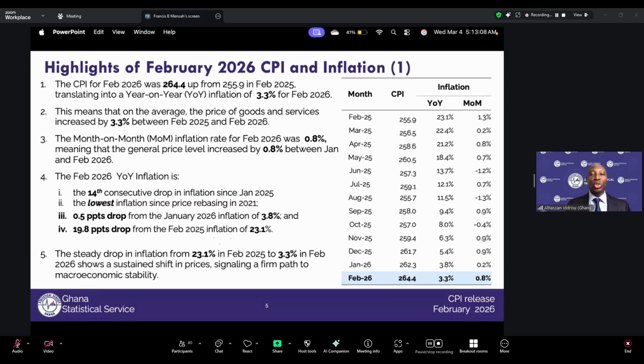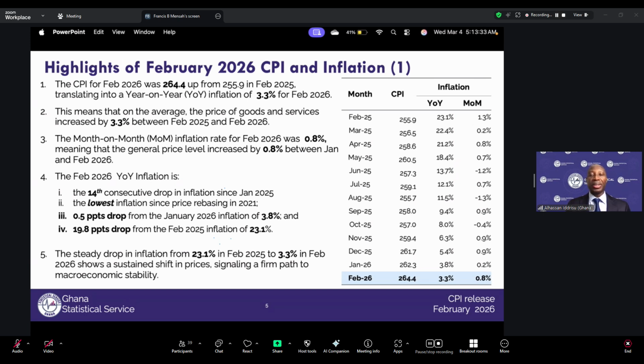The Consumer Price Index, or the CPI, for February 2026 stands at 264.4, up from 255.9 in February 2025. This translates into a year-on-year inflation rate of 3.3%.